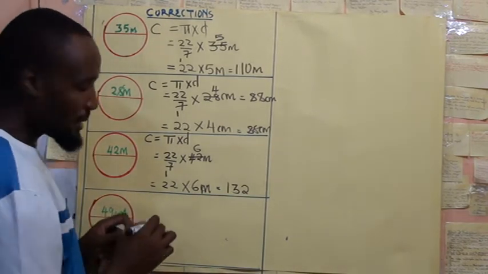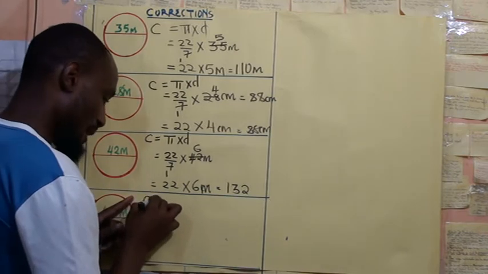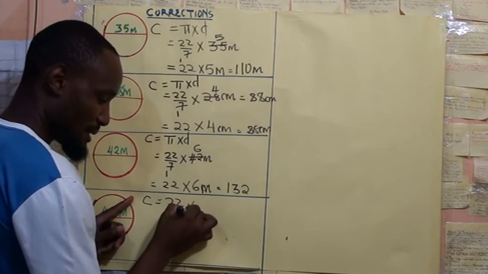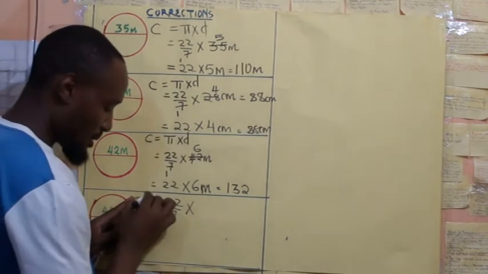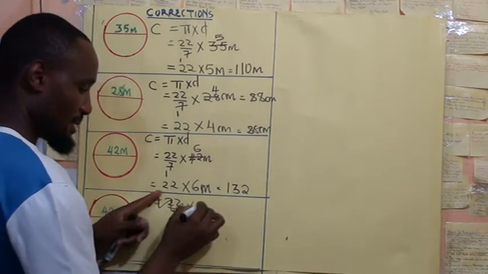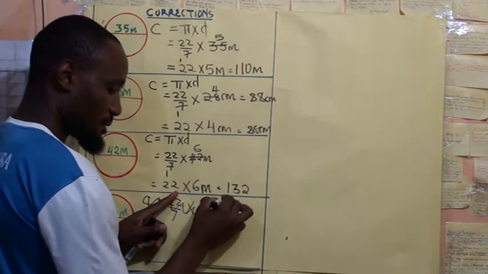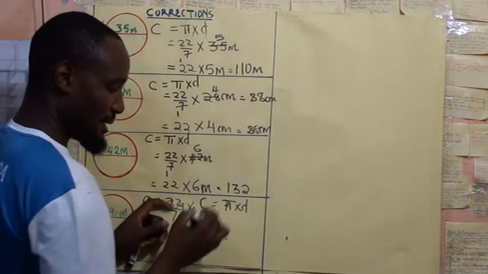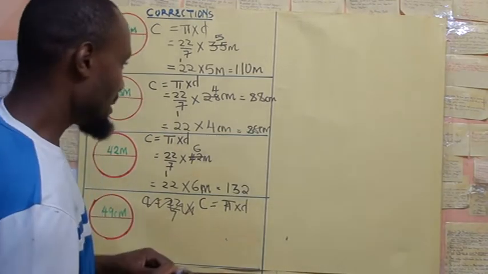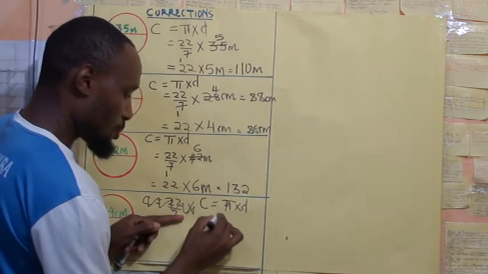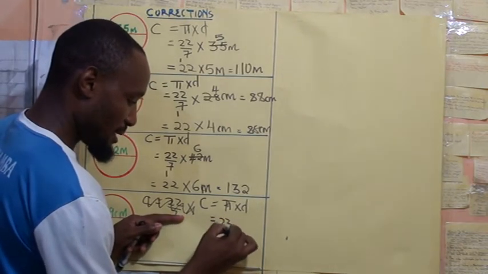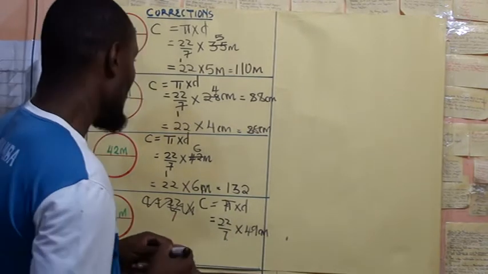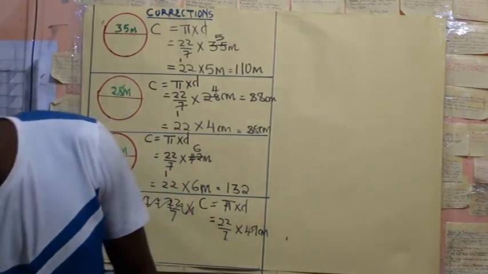This 49. We said circumference is equals to 22 over 7 times. Sorry, that is not the step. The step is circumference is equals to pi times d. Pi times d. Then you come down and say 22 over 7 times 49 centimeters. I hope it was 49 centimeters.